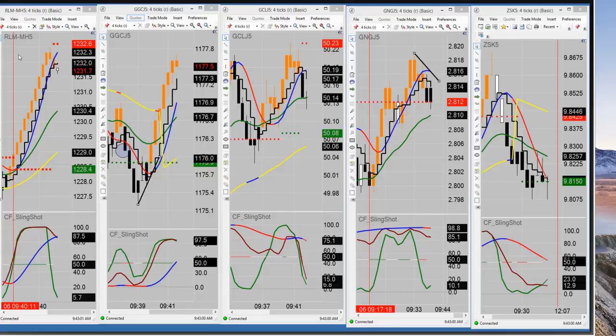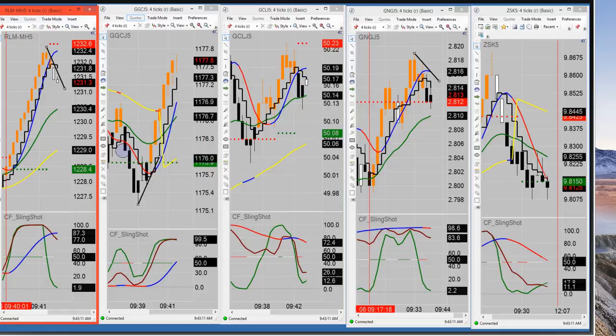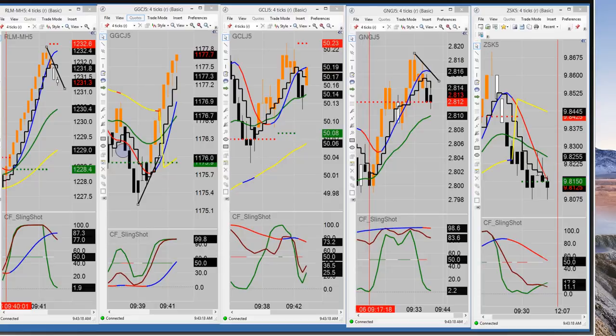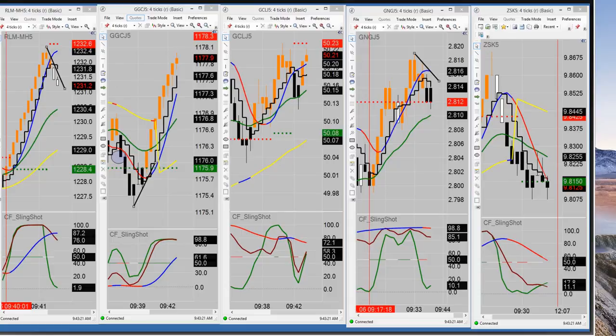All right. Well, anyway, let's look at the Russell right here and see if I can put a trade on that thing. 31.3 is the low, 31.7 will be the high, and up close there at 31.7 would be a long trade on the Russell. Okay, let me find my Russell DOM. Here it is.